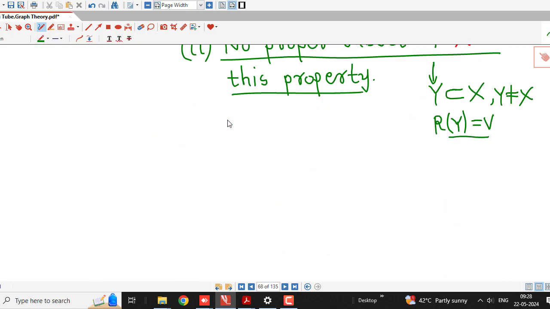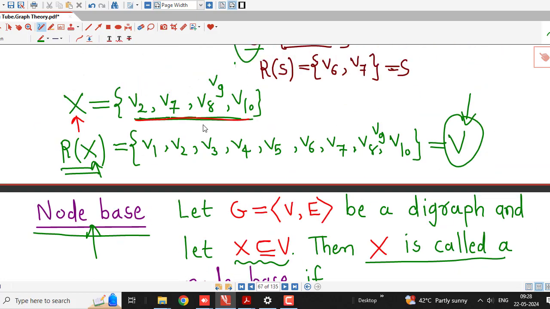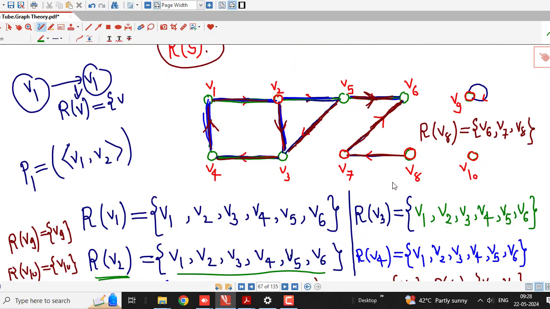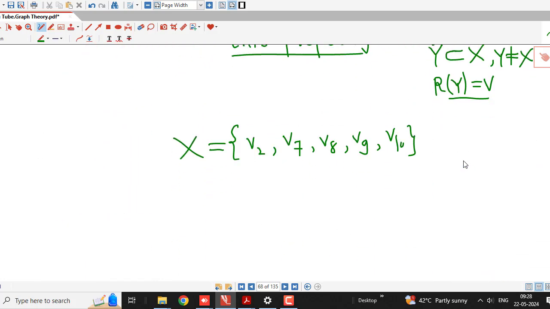Let me write X here. Capital X is V2, V7, V8, V9 and V10. So we have to check whether any proper subset of X exists such that reachable set of that proper subset is also vertex set V.